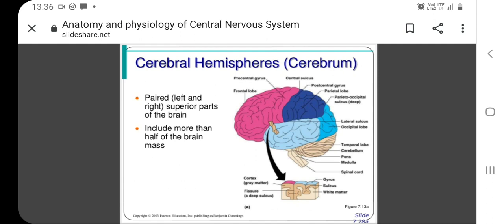So, likewise, various experiments have been conducted to understand which part of the brain performs which function.